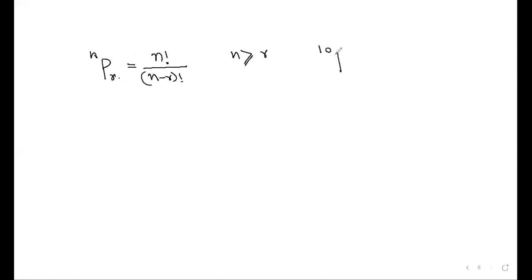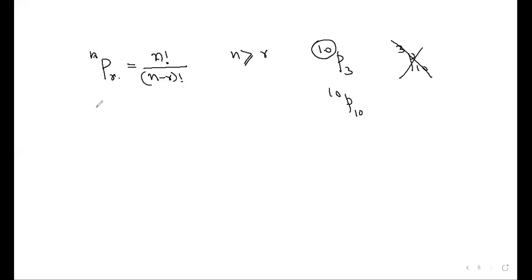You can have 10P3, but you cannot have 3P10. This is meaningless. Always the upper number is either greater than or equal to r. 10P10 chalega, no problem. So nPr का notation का मतलब है upper number factorial divided by difference factorial.